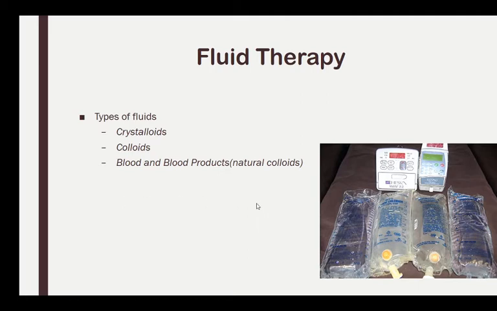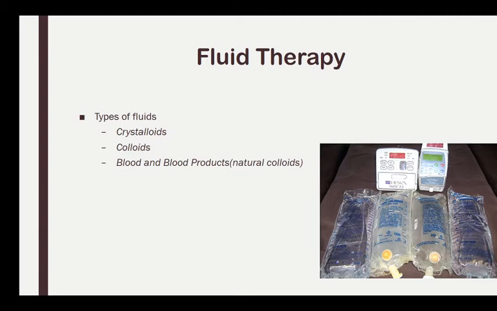Okay, so crystalloids. Crystalloids are what you typically see being given as fluids in the veterinary practice or in the hospital for that matter. There are things like lactated Ringer solution, Normosol, 0.9% sodium chloride, or what we call normal saline, and dextrose solution.